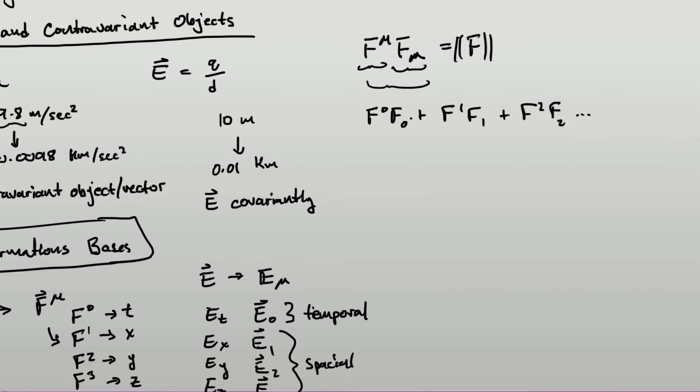This is how we construct the magnitude of the vector squared, depending on how you look at this, because again the ds was squared in that case when we did the Pythagorean Theorem. And so this is very important to know. We need the covariant and the contravariant part of whatever vector we're looking at if we're interested in getting some fundamental scalar associated with the magnitude of the vector.